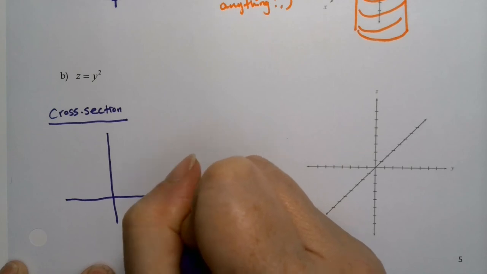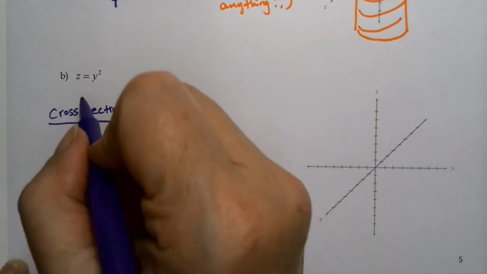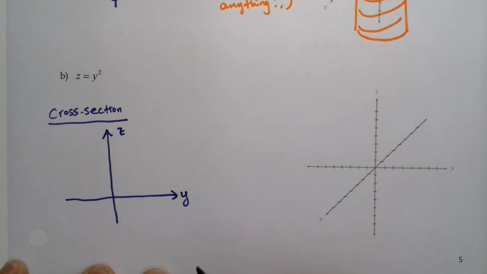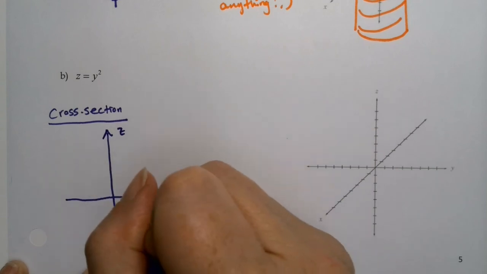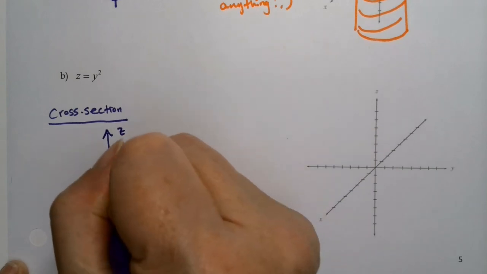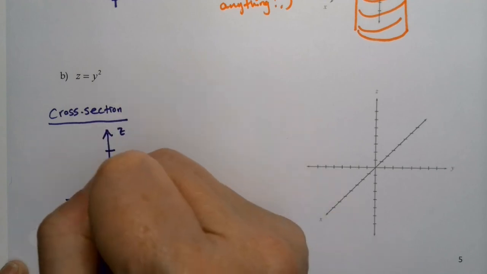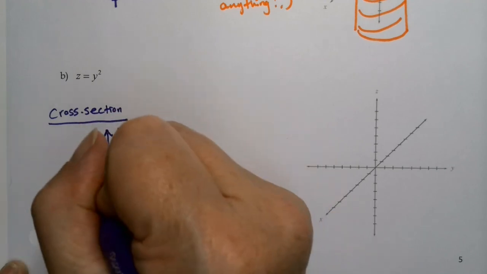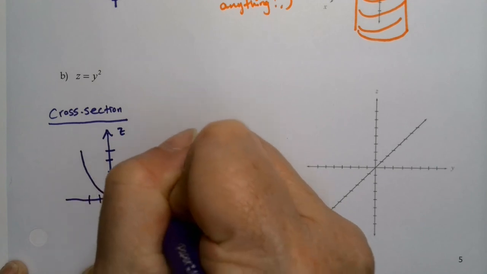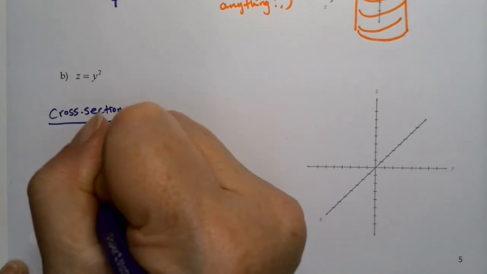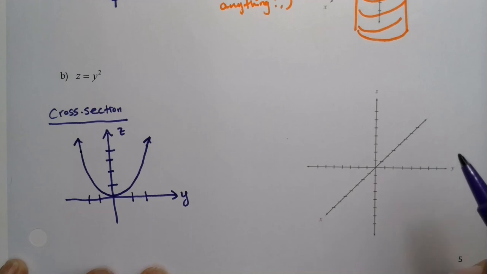So this would be the y-axis, and this is the z-axis right here. And so if I go 1, 2, 3, 4, it's going to look like that. It's a parabola.